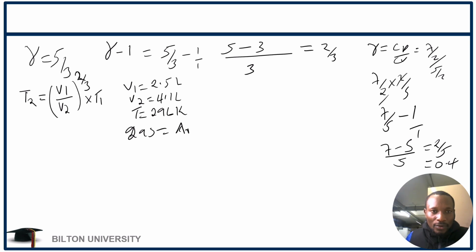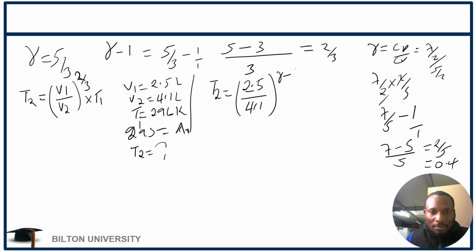So in this case, we can substitute to look for T2. T2 is equal to the ratio of V1, and V1 is 2.5, over V2, which is 4.1, to the power gamma minus 1, since you have been told it's argon, times T1.